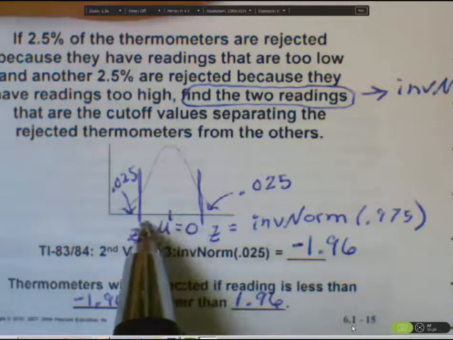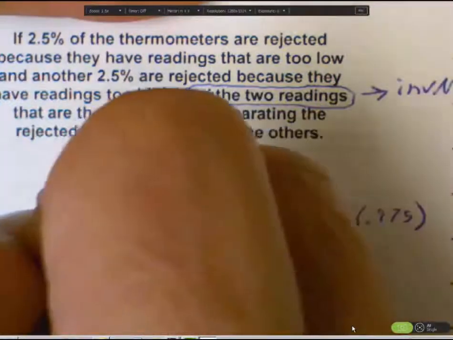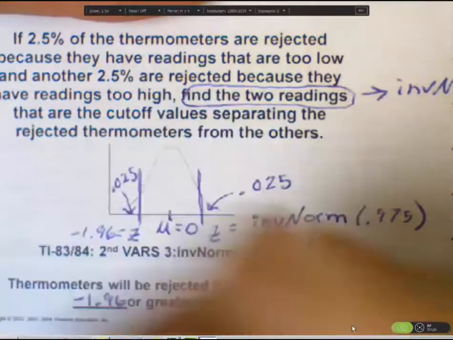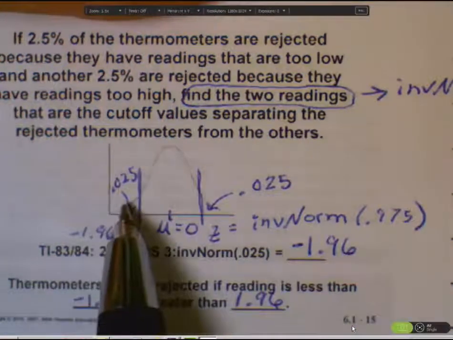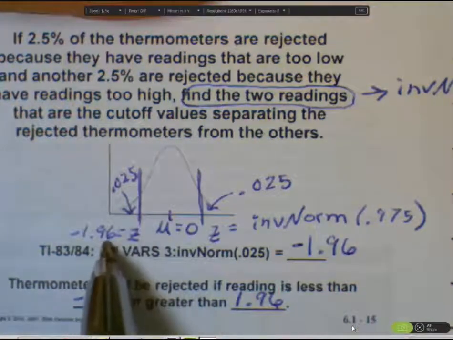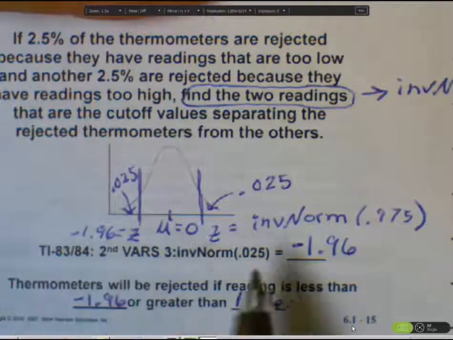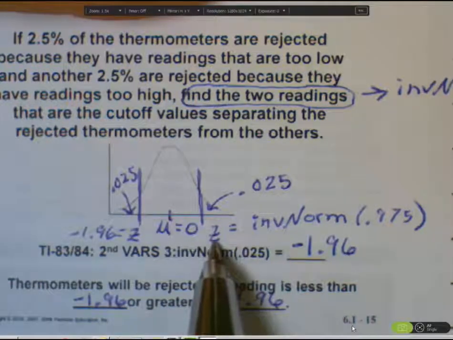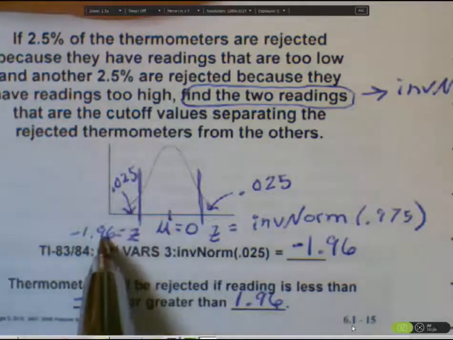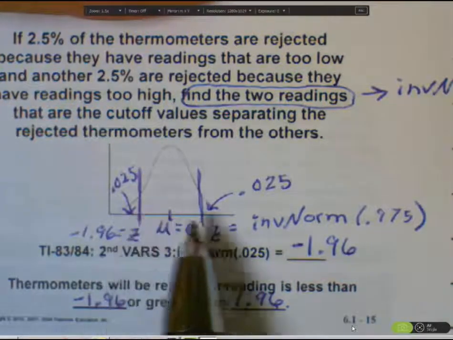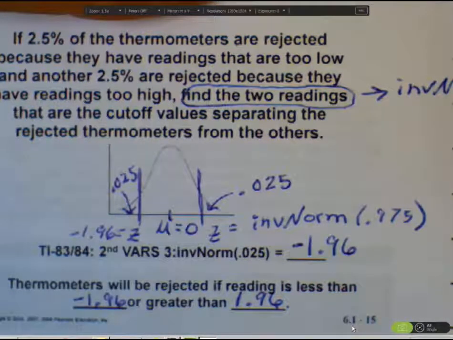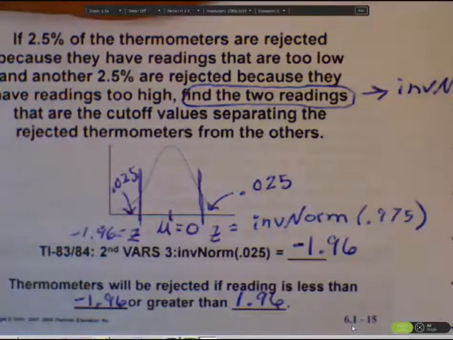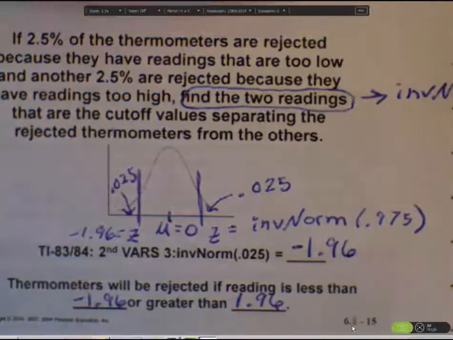So if I've already found that the z-score that has an area of 0.025 to the left is negative 1.96, then when I'm looking for this z-score on the right, I should know that it's going to be just the opposite of this z-score, because there's the same amount of area to the left and to the right. Thermometers will be rejected if their reading is less than negative 1.96 or greater than positive 1.96.